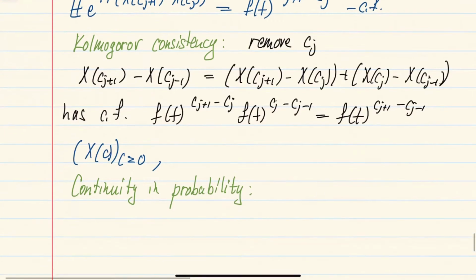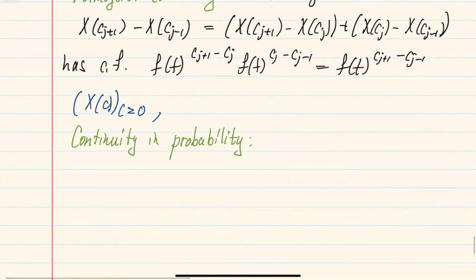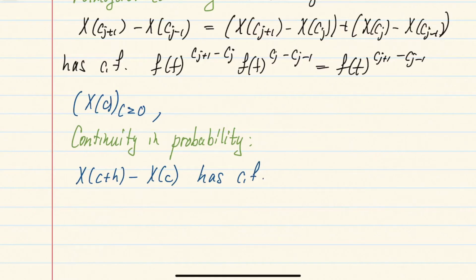Okay, and this is because of the way we define the process. When we look at the increment between time c plus h and time c, it has a distribution with characteristic function given by f of t to the power h, which is the increment of the argument. And we see that when h goes to 0, this characteristic function goes to 1.